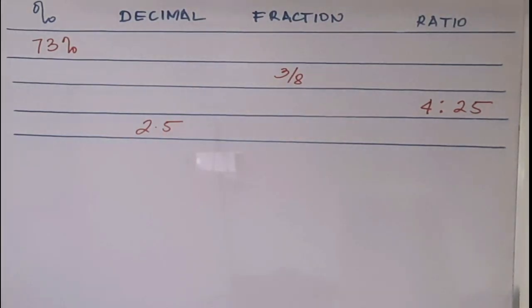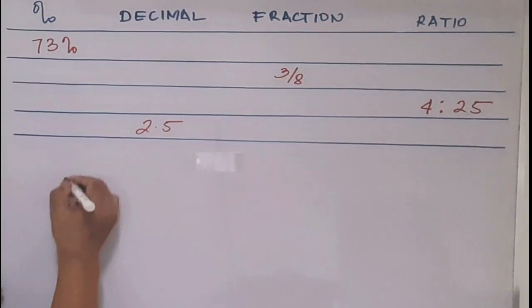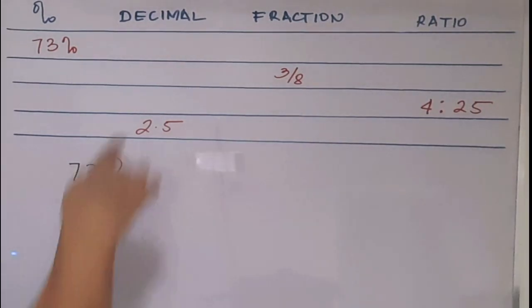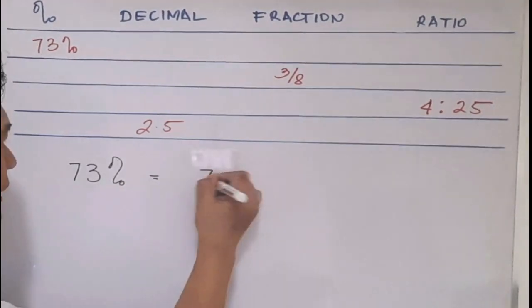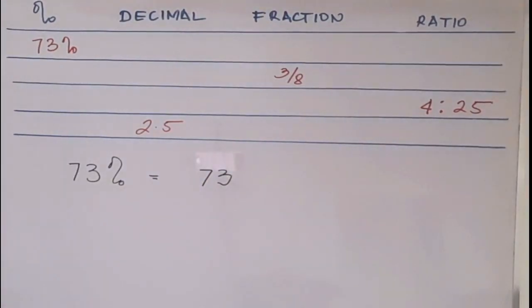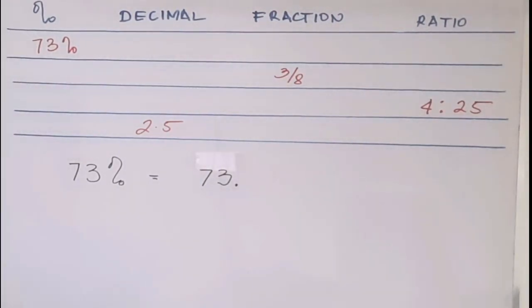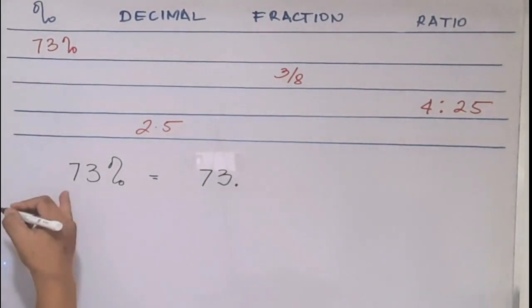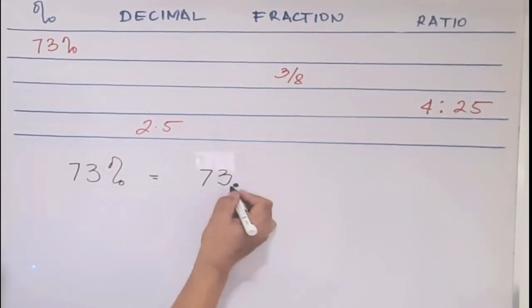First we are going to convert 73% into decimal. To convert this into a decimal, we remove the percent and write 73, and we add the decimal. Remember that to convert percent into a decimal, we move the decimal 2 places to the left.